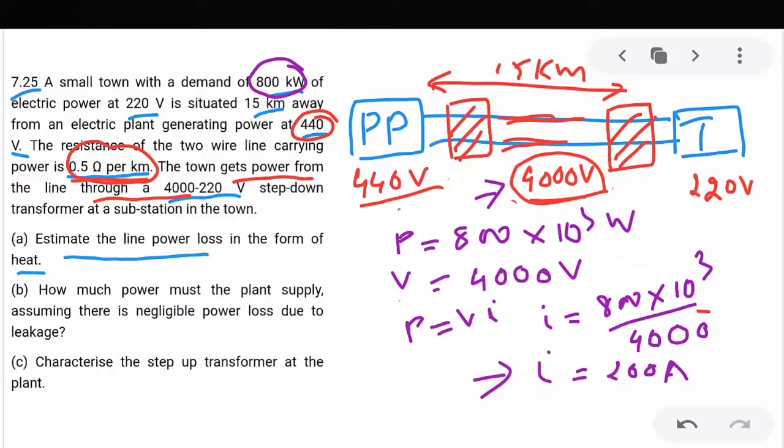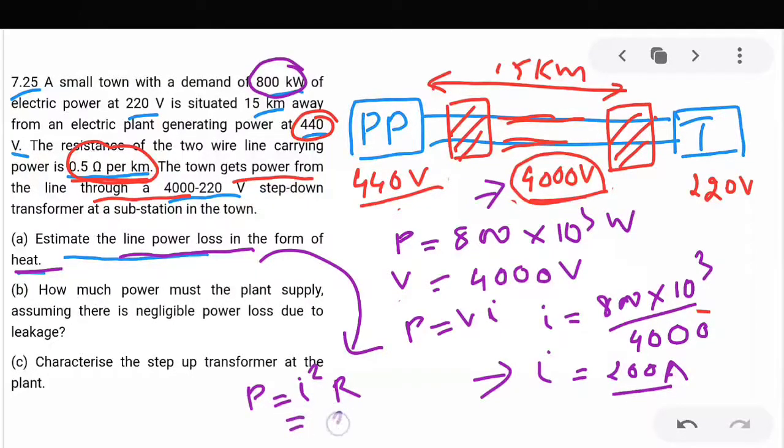Now it is asked, estimate the line power loss in the form of heat. For this, P is equal to I square into R. Resistance we have already calculated, it was 15 ohm, and current is 200 ampere.